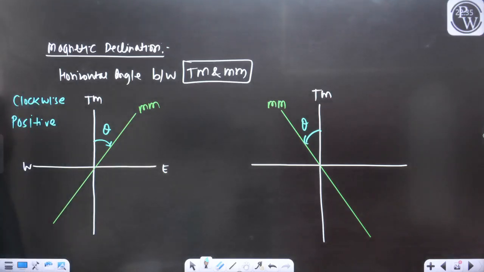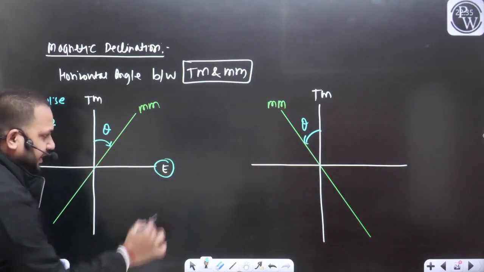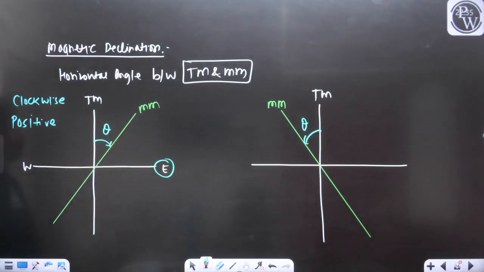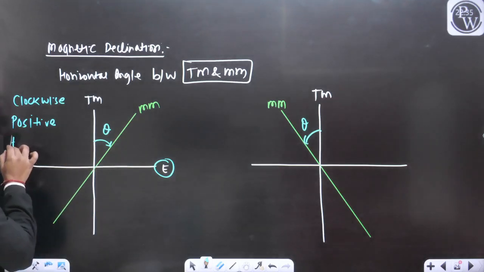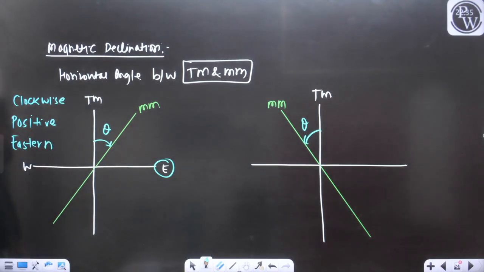We are measuring this angle towards east. If you don't have any problem, can I use the term eastern declination? All have the same meaning.